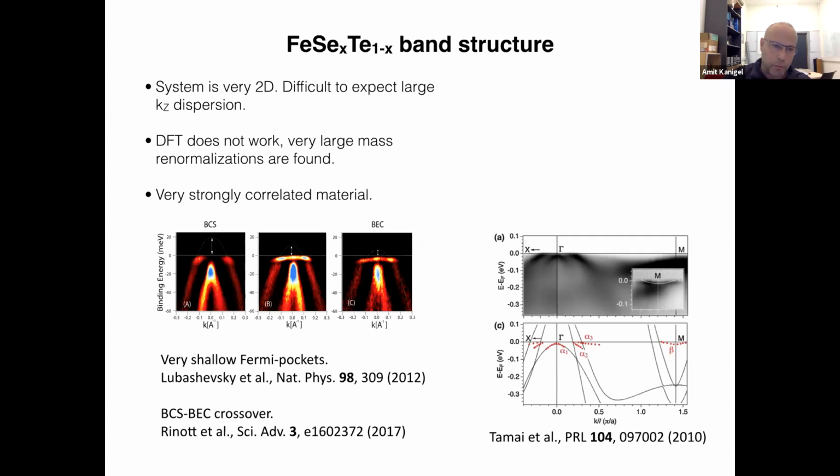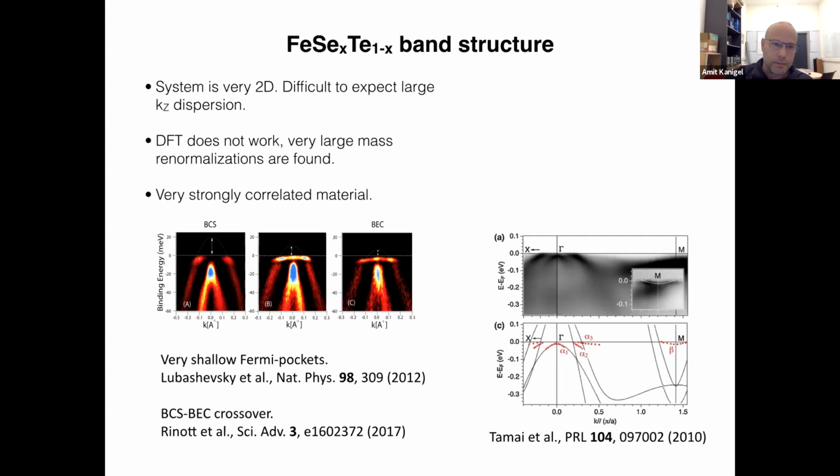On top of that, we later on showed that the Fermi energies in this material are extremely small, of the order of 10 millivolts. So they are so small that you can even, at some extreme samples, think about this system as a BEC superconductor, where delta is really of the order of the Fermi energy.